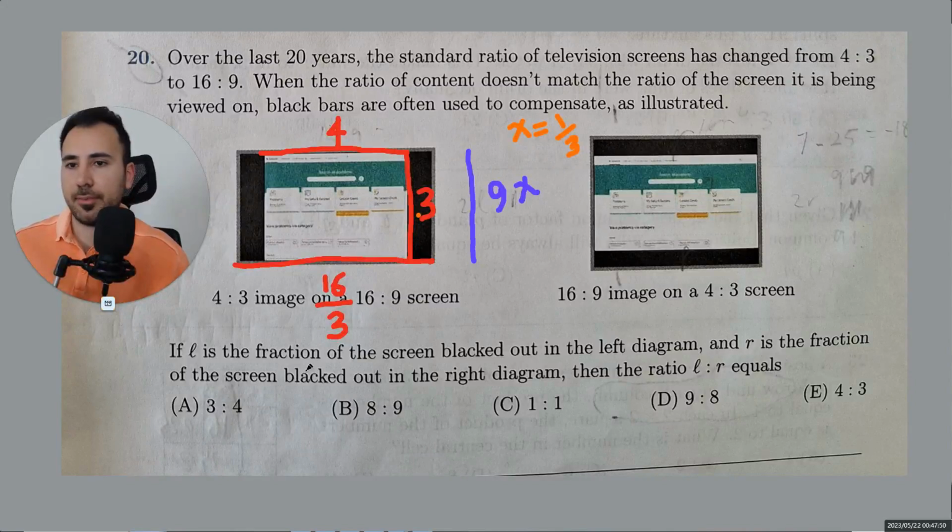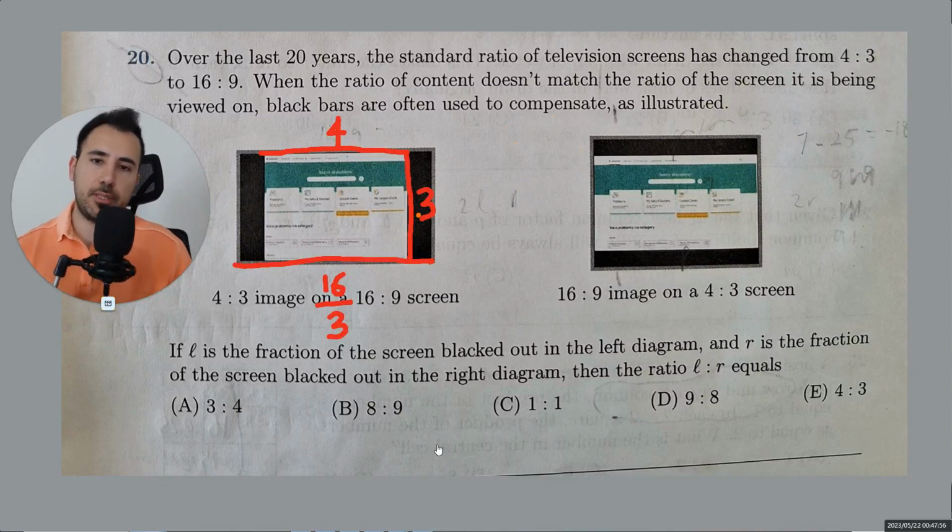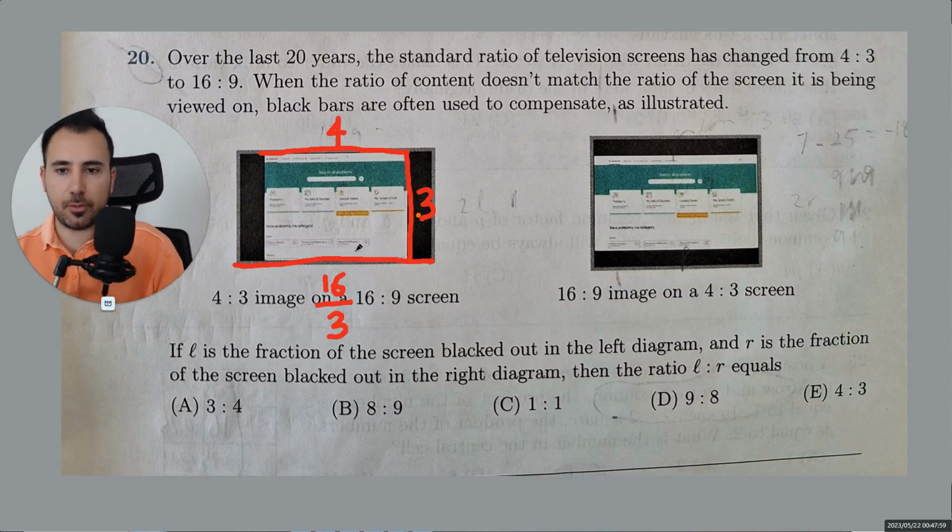So we have everything we want now, right? So we want the area of the big rectangle. Okay, would be this one. The big one would be 3 times 16 over 3. So the big area of everything is 16. Why? 3 times 16 over 3 is 16.